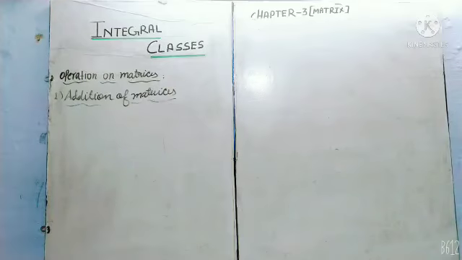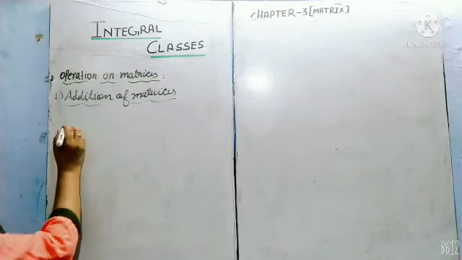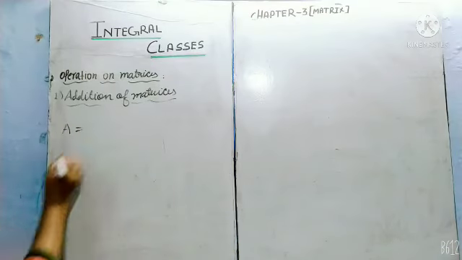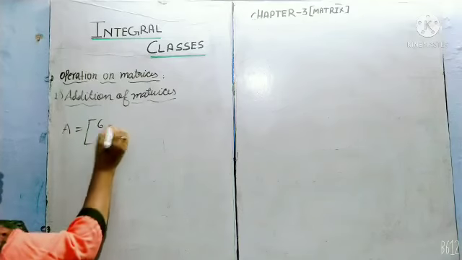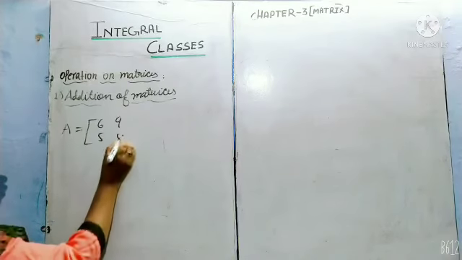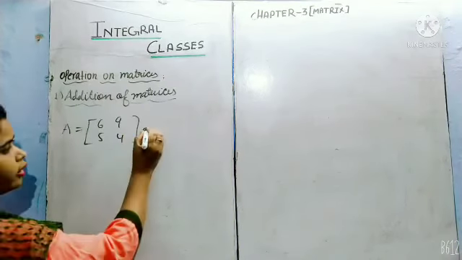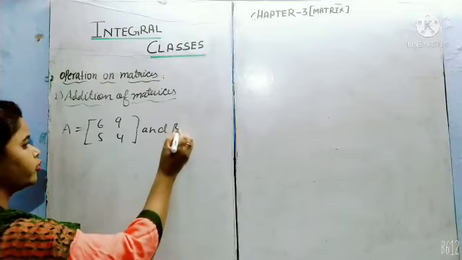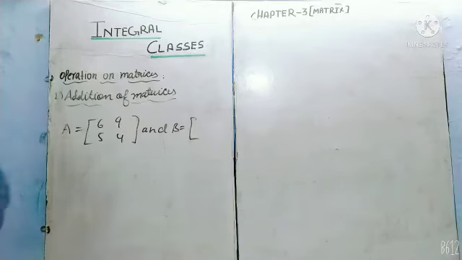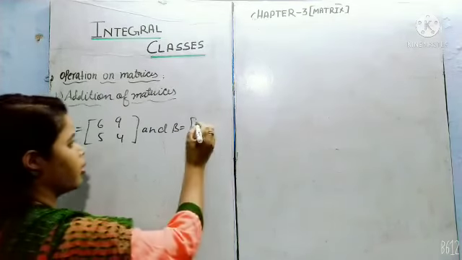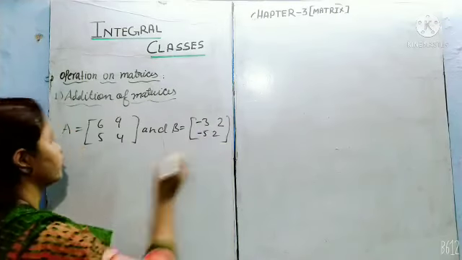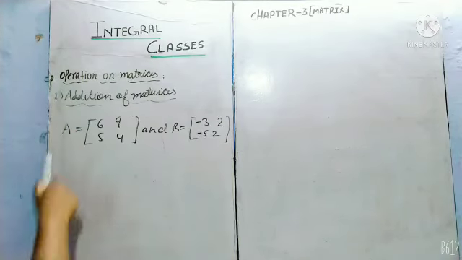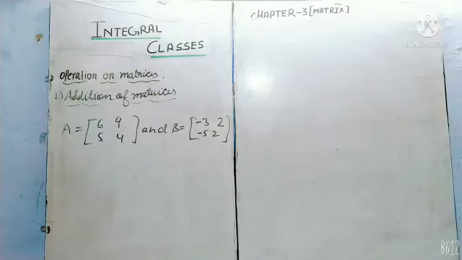Students, if we are given two matrices, let A equal to 6, 9, 5, 4 and B equal to -3, 2, -5, 2. We will apply the operation of addition of matrices.